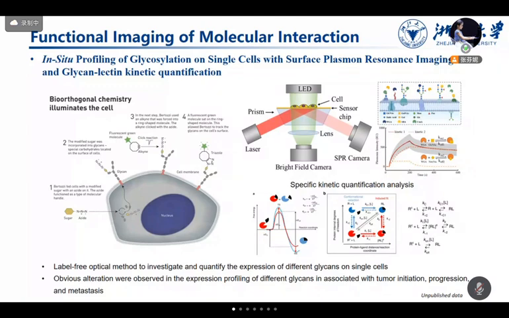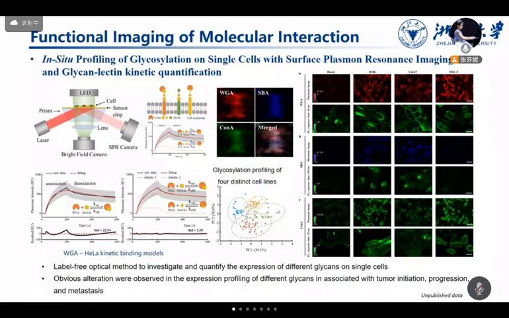So based on this proposal, we already achieved the detection of multiple glycans with fewer molecules. We use lectins here. So we quantify the glycans through lectin kinetics, and we tested the normal cells, the pre-cancer cells, the tumor cells and the metastatic tumor cells.